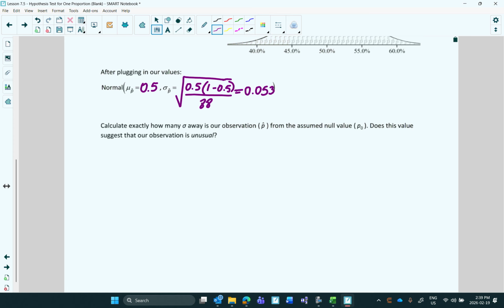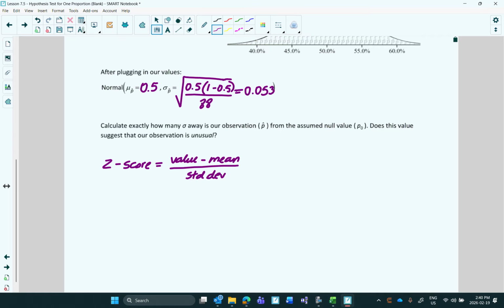And how we do that, if you remember, is with the formula we used when we talked about Z values, way back in Unit 2, when we calculated Z scores. What does a Z score do? It tells us how many standard deviations above or below the mean we are, which is what we're asked to do here.